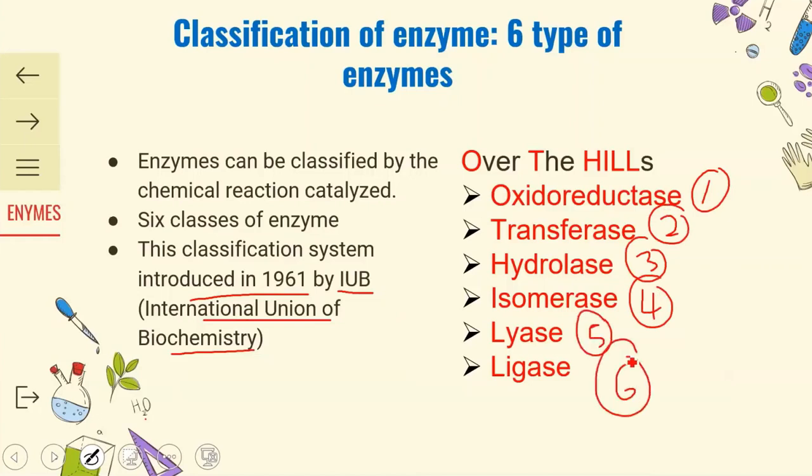To remember these classes, you can use the acronym over the hills. O represents oxidoreductase, T transferase, H hydrolase, I isomerase, L lyase, and L ligase. To recall all these classes, you can use the acronym over the hills.